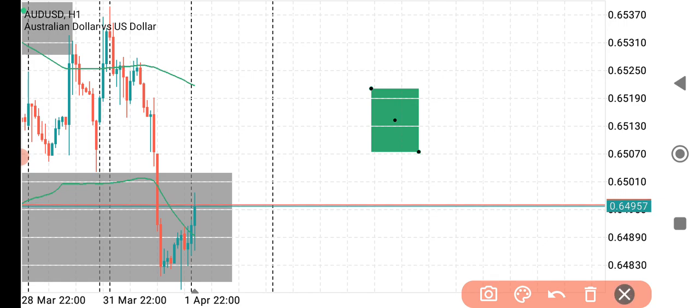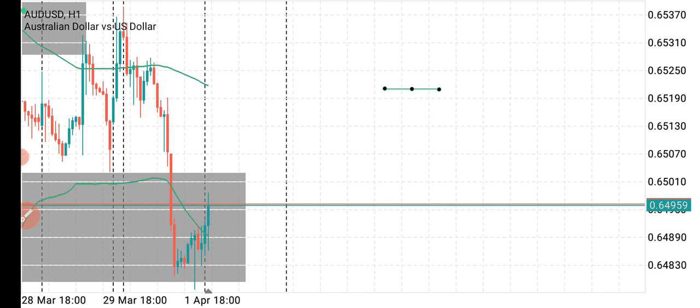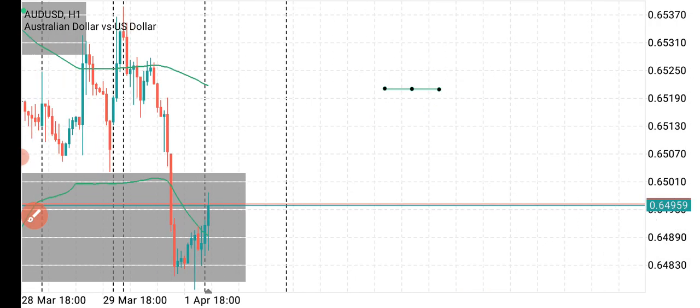So let's try to illustrate this. For example, this is how a chart opens. This is the formation of a new chart. When a new hour, a new time frame is forming, this is how it is formed.